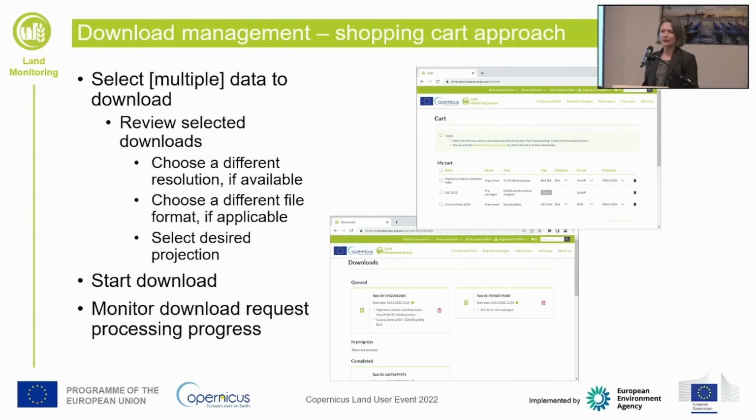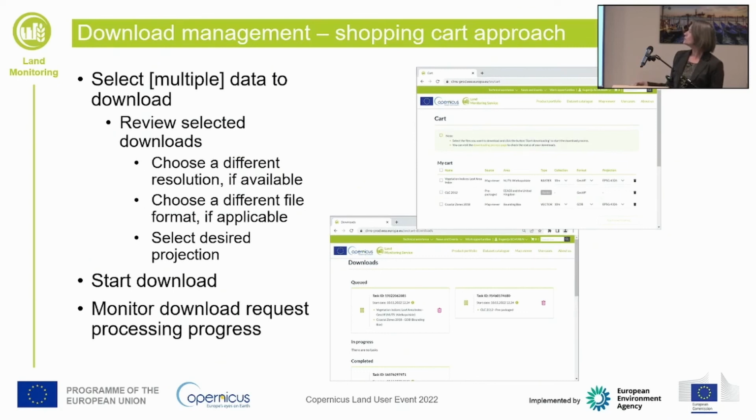You can select projections. There are certain projections predefined. You can select different formats, different resolutions, if applicable, and then start download. You can monitor the process, and once download is completed, you have different ways of using the data set, either getting a message or then logging in and then following your download page information.